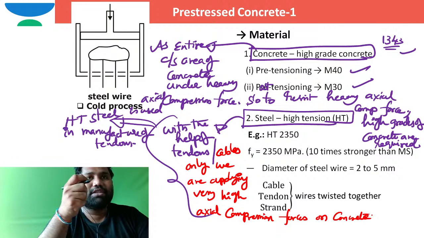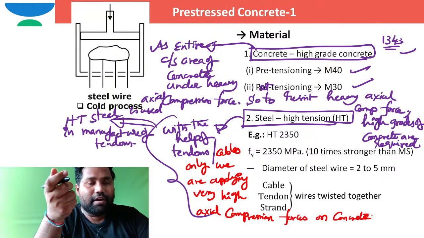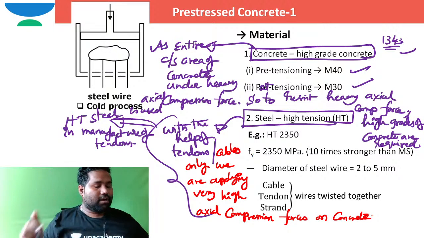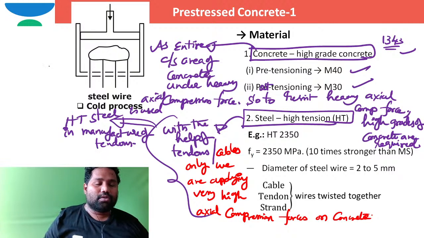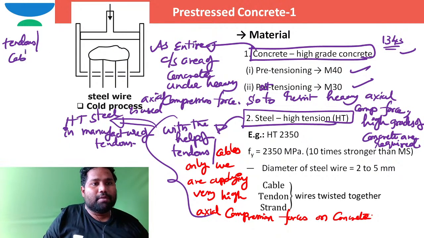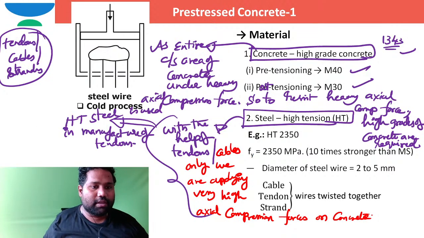A tendon is a group of cables or wires. It's a group of wires which are twisted together. Tendons or cables or strands. How can we define this one? Group of wires which are twisted together.